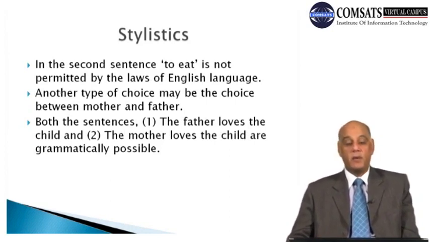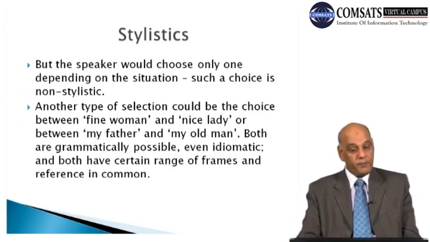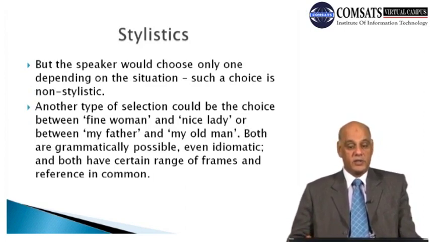Now another type of choice may be the choice between mother and father. Now we have another option here. Both sentences, one, "the father loves the child," and two, if we replace the father, "the mother loves the child," are grammatically possible, but the speaker would choose only one depending on the situation. Such a choice is non-stylistic.